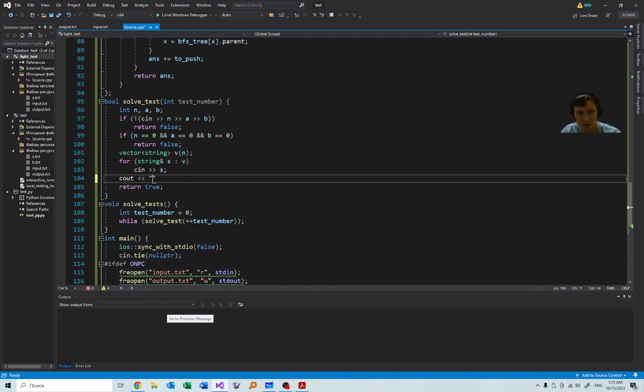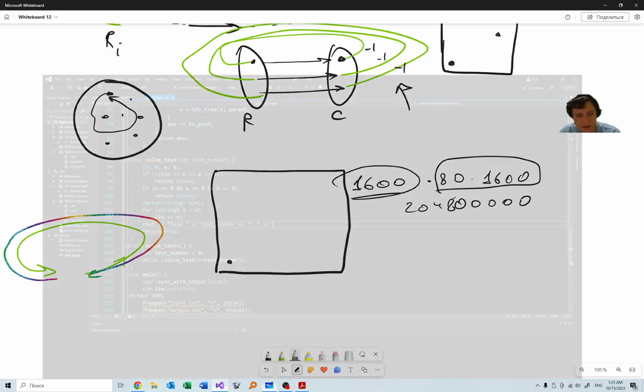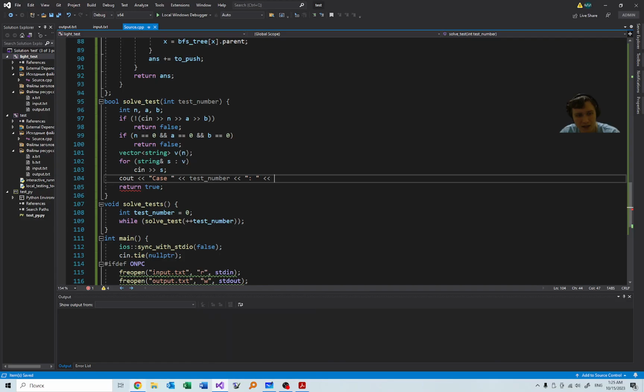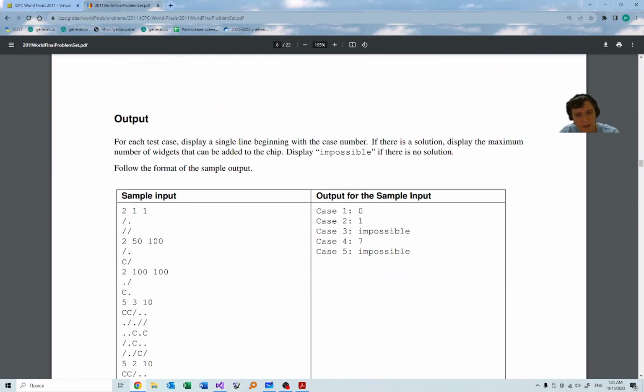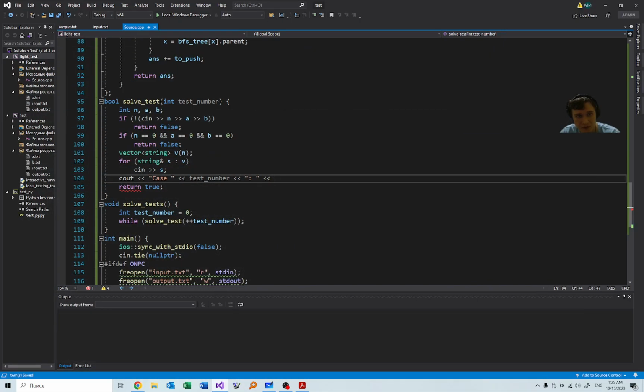Then we print case, test number, colon, space, find ans. I guess let's return -1 if it is impossible.